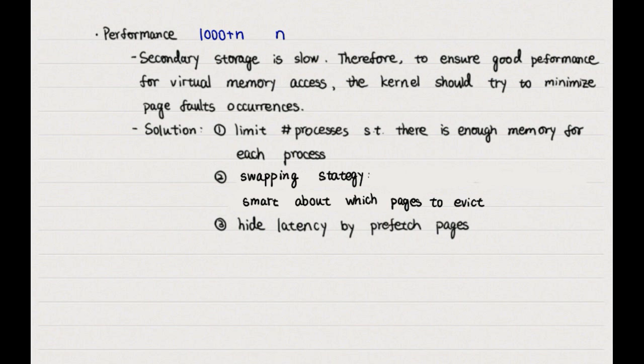So the ratio between using swapping and without swapping is (1,000 plus n) over n. If n is 10, then the ratio is 1010 over 10, which is about 100 times slower.